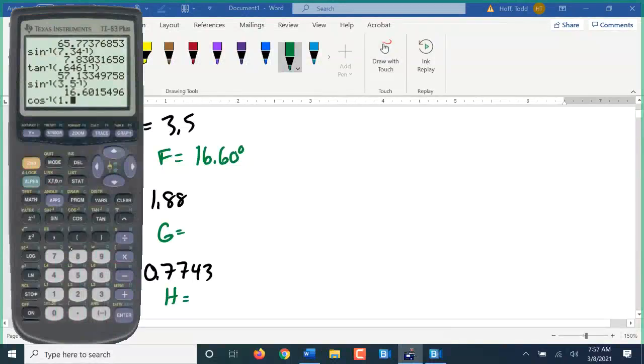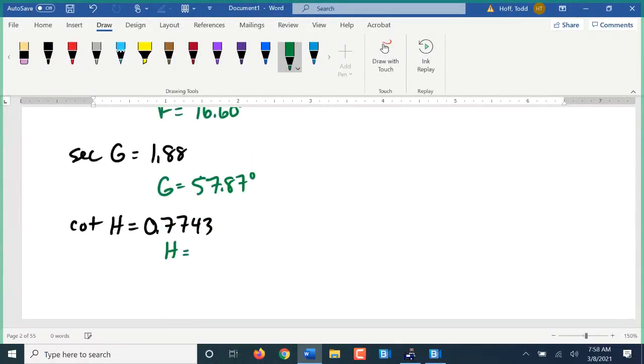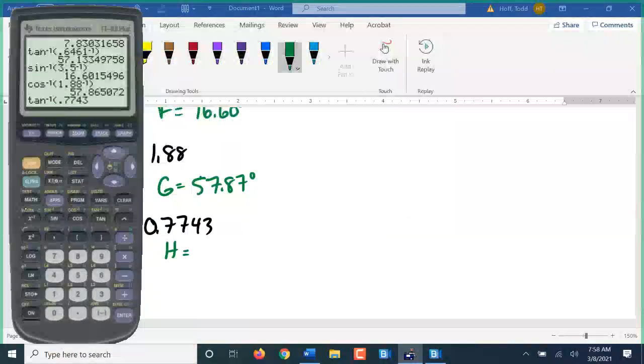Inverse cosine of 1.88, again, reciprocal inside the parentheses, 57.87 degrees. And finally, cotangent of H, tangent goes with cotangent. So it's inverse tangent of 0.7743. Again, reciprocal inside the parentheses, 52.25 degrees.